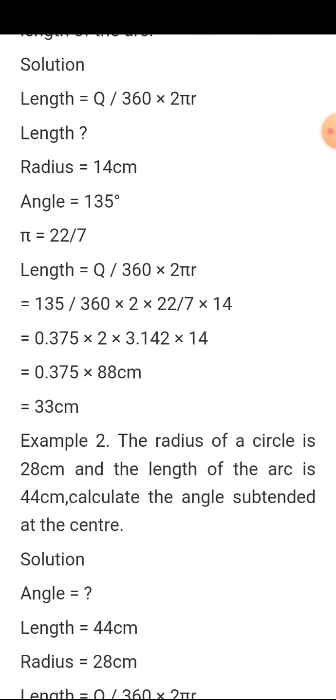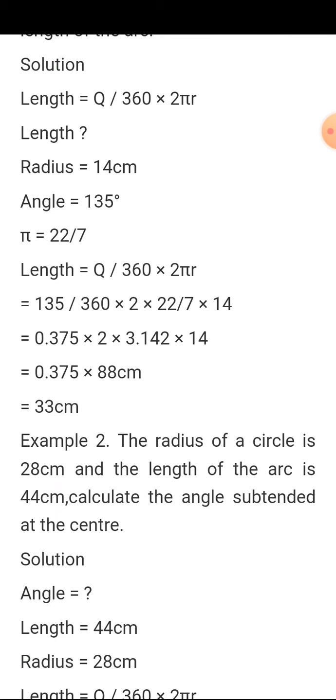Length equals theta all over 360 multiplied by 2 pi r, which is 135 degree divided by 360 multiplied by 2 multiplied by 22 all over 7 multiplied by 14.